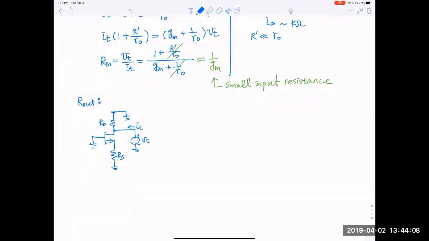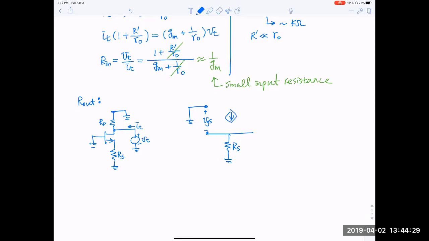So next is to replace this with a small signal equivalent circuit. The gate again is grounded. The source is not grounded. It's connected to ground by RS. And here is VGS, okay? And we have GM VGS, dependent current source. We have R0, okay?